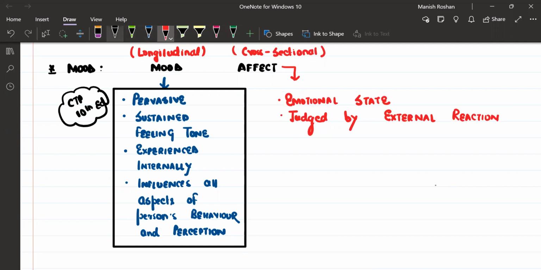So this completes the definition of affect. These are the two important components, that is the emotional state judged by external reaction, and one more last component, it is transitory in nature.